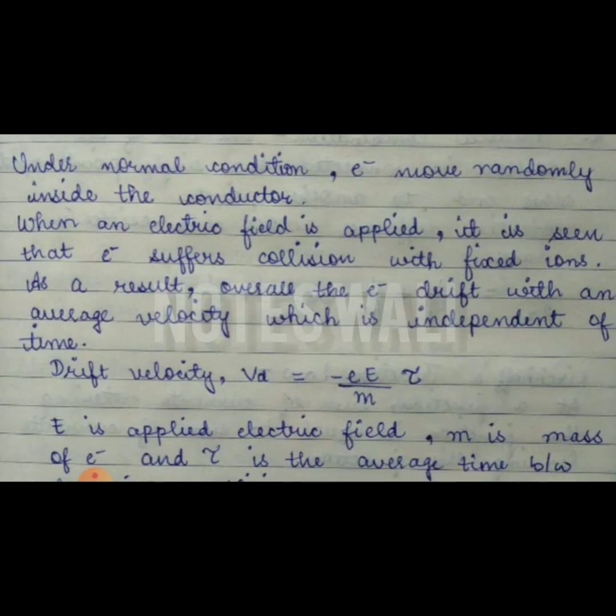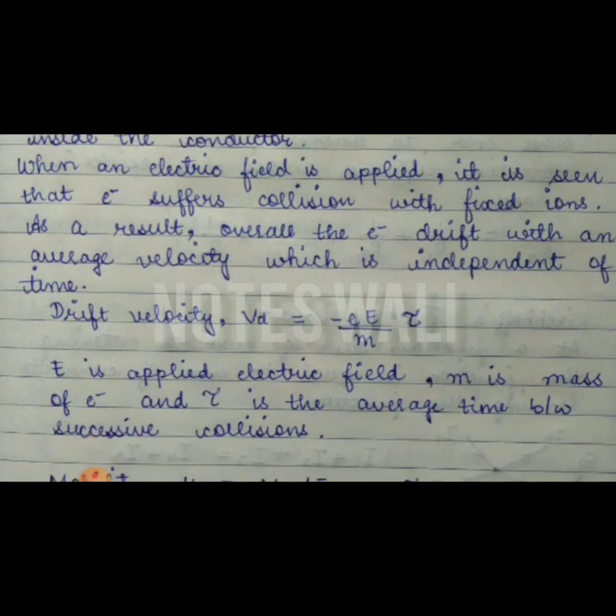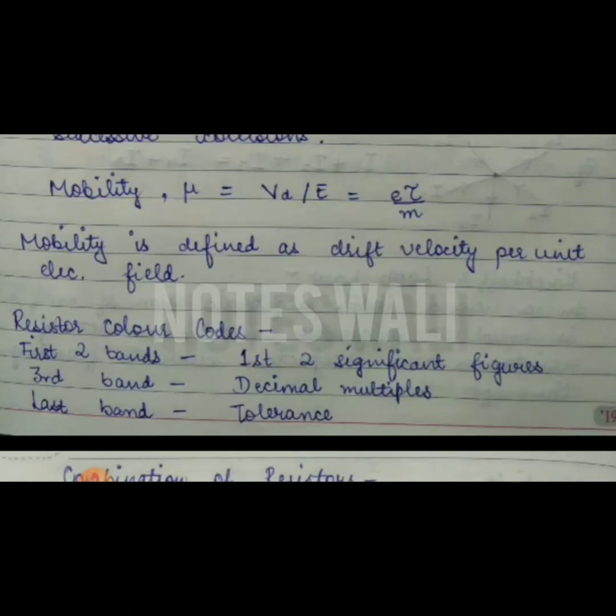Under normal conditions, electrons move randomly inside the conductor or the metals, but when an electric field is applied, these electrons suffer collisions with fixed ions, and as a result they move with an average drift velocity, which is represented by v subscript d and is given by minus e into electric field into tau divided by m, where tau is the average time between successive collisions. From here we define mobility as the drift velocity per unit electric field.